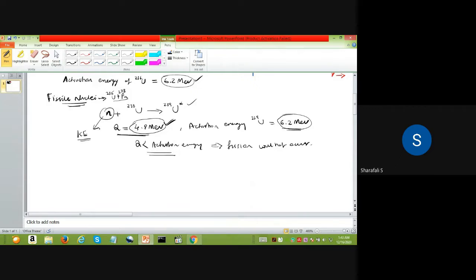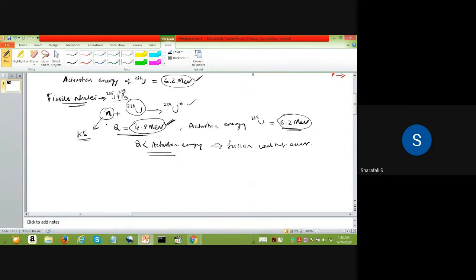Suppose you are accelerating these neutrons with more energy, and that accelerated neutron, or neutron with high energy, goes and hits this uranium 238 nucleus, and it gets absorbed. So the total energy will be different now, because the neutron already has some kinetic energy, which is more as compared to thermal neutrons.